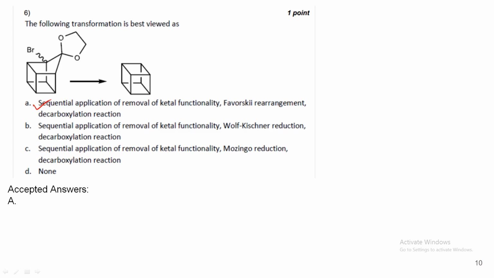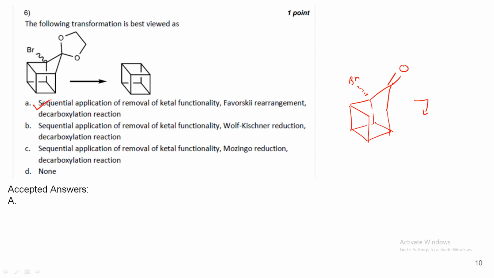So if B is the case, now we have done the first ketal protection, which will lead to this, followed by a Wolff-Kishner reduction.